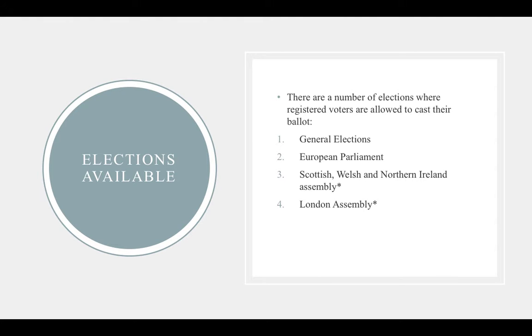There's also the London Assembly, the London Mayor elections, and local elections. The ones with the asterisks are the ones where the people allowed to vote are the people in that region. So you have to be living in Scotland to be able to vote in the Scottish Parliament.